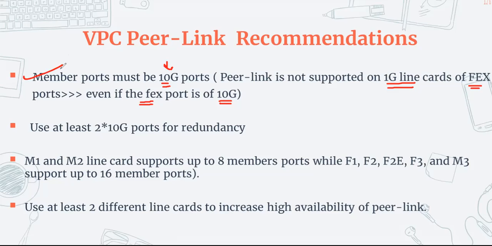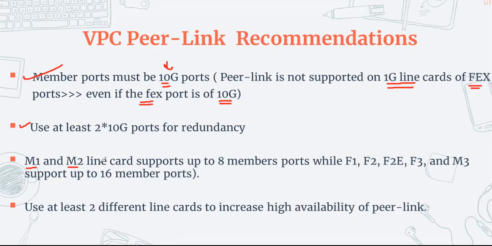The second point is use at least two 10G ports for redundancy. It means that if you are forming the VPC peer link, use at least two links, so just in case one link goes down, your peer link will be up. To form the port channel for the VPC peer link, we can use different line cards, and different line cards support a different number of member ports to form a channel.